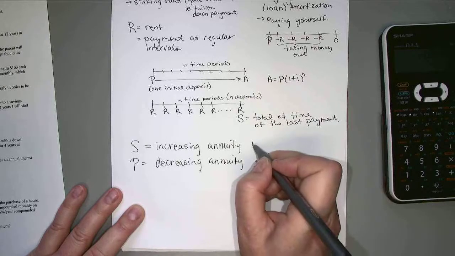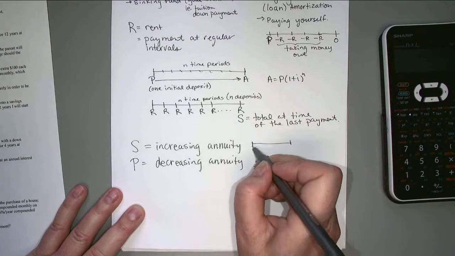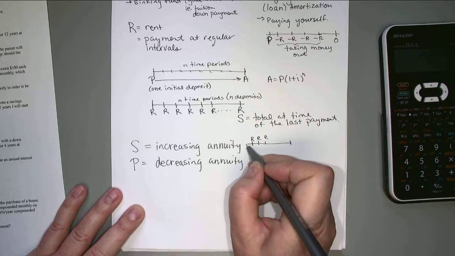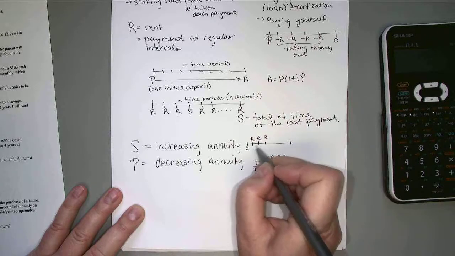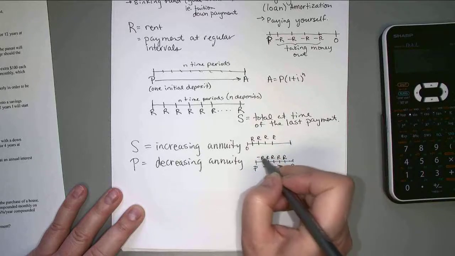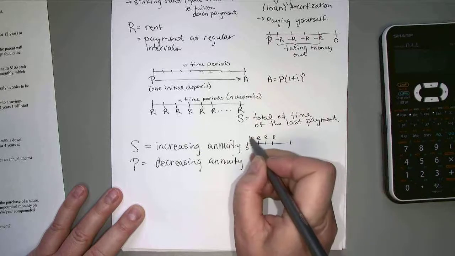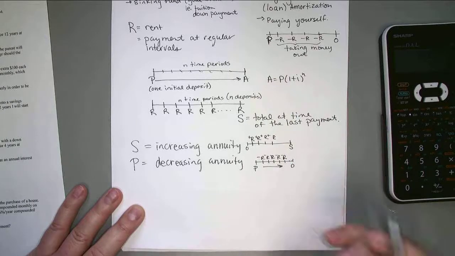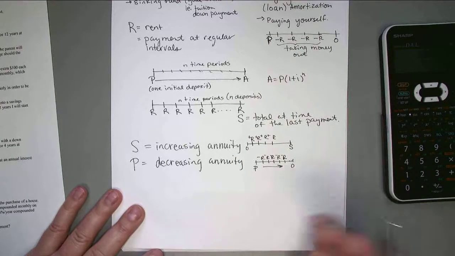Here, this starts at, well, 0. Okay, we'll say it starts at 0. You start with nothing, and you put all these deposits in. These ones are taking out, these ones are adding in, and then you end up with S at the end. That's the amount you have saved. Okay, so that's what the two formulas are.